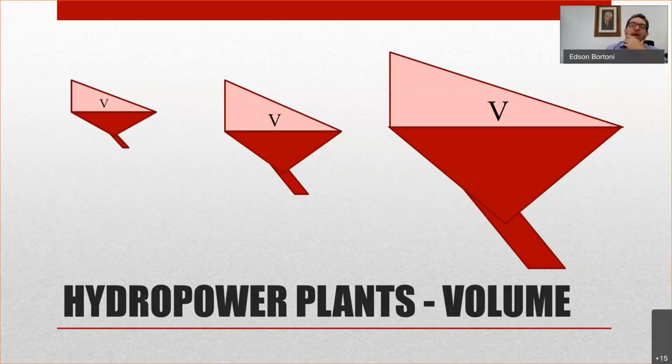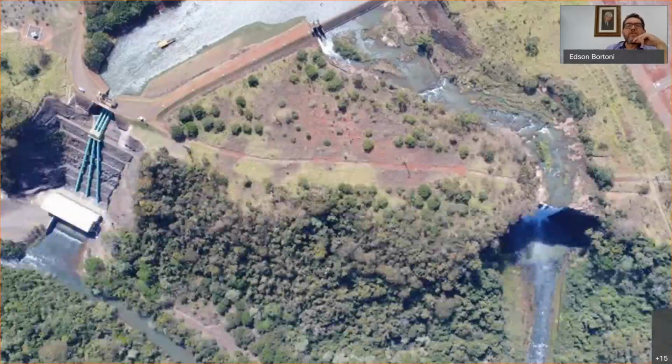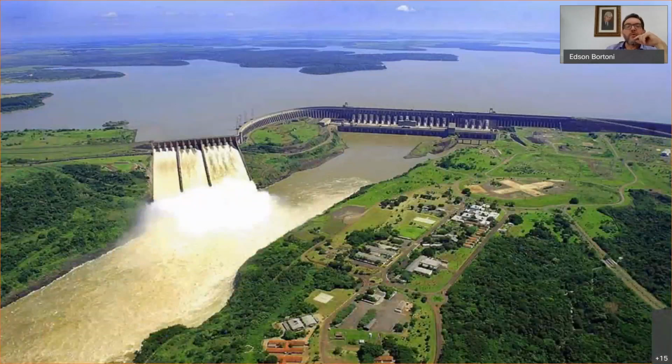And you may have a difference of volume. This is a kind of no volume. This is what we call a run-of-river power plant because it doesn't have a reservoir. And here we have Itaipu with a big reservoir.